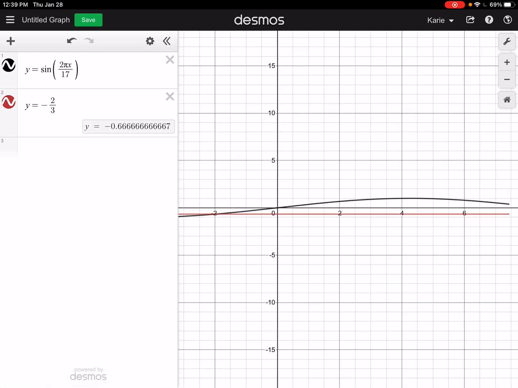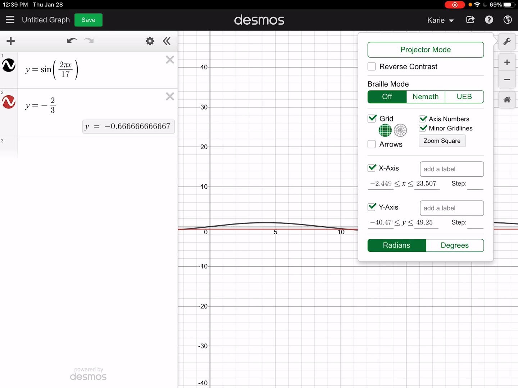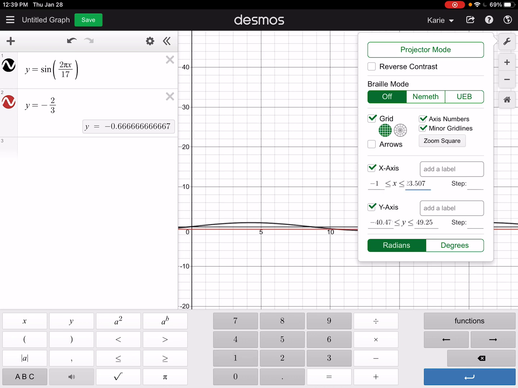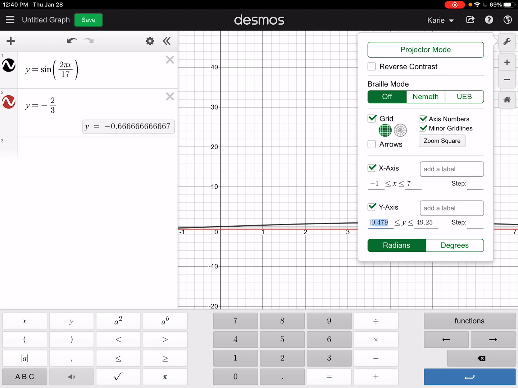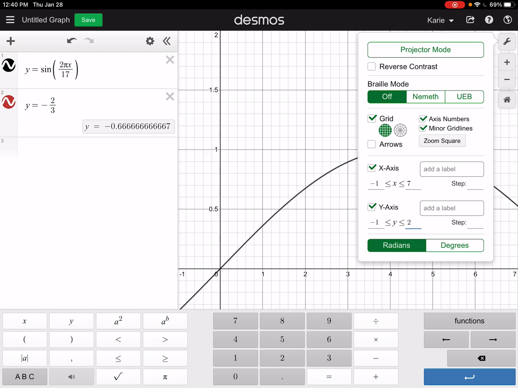We wanted to know within the first 5 seconds, so let's go from negative 1 to 7. We need to know when does y equal negative 2/3. Let's go from negative 1 to 2, and see if that's any good.